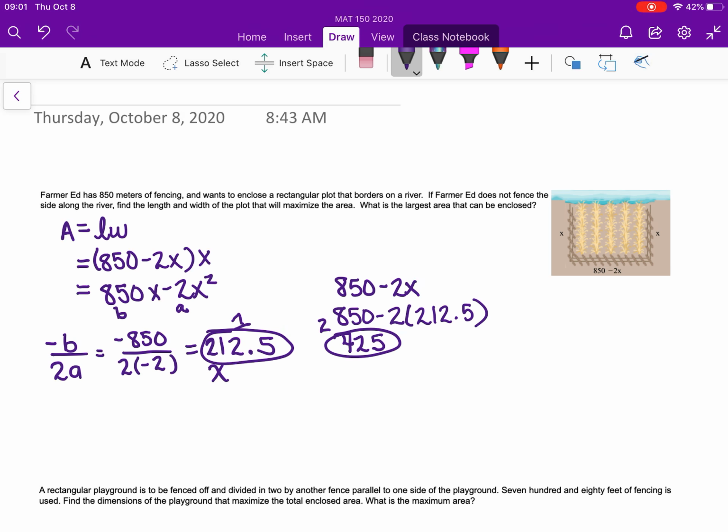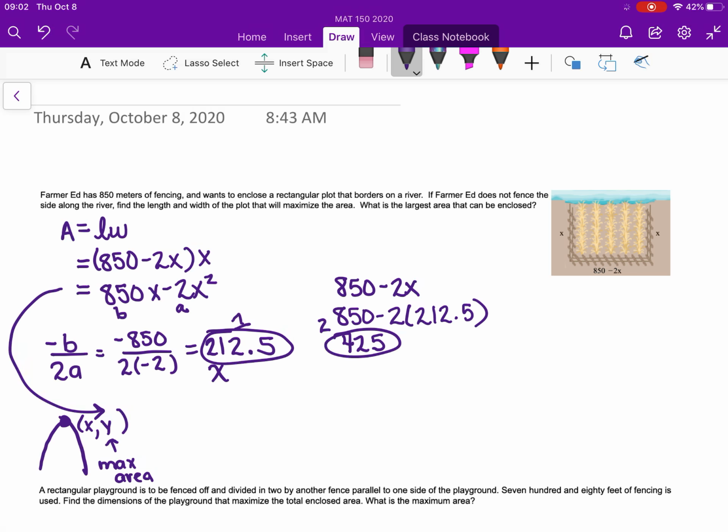And the last part says the largest area that can be enclosed is blank square meters. So you're going to take the parabola function there. What you did essentially was find the vertex, right? You found the x value of the vertex, and that was x. The y value of that vertex is the max area.